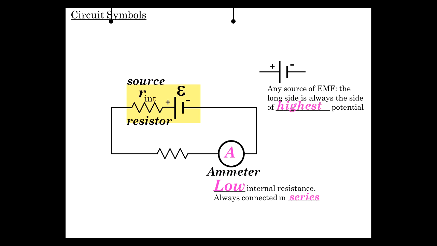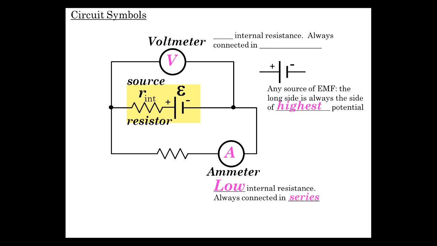And on the flip side, we have the voltmeter. So here it comes. And we always hook a voltmeter across, not through, because it's measuring potential difference. Now again, when you hook the voltmeter up, you don't want to disturb the circuit, but you want to measure the voltage difference, the potential difference across a circuit element, or several, two different places in the circuit. So it's got high internal resistance, ideally infinity.